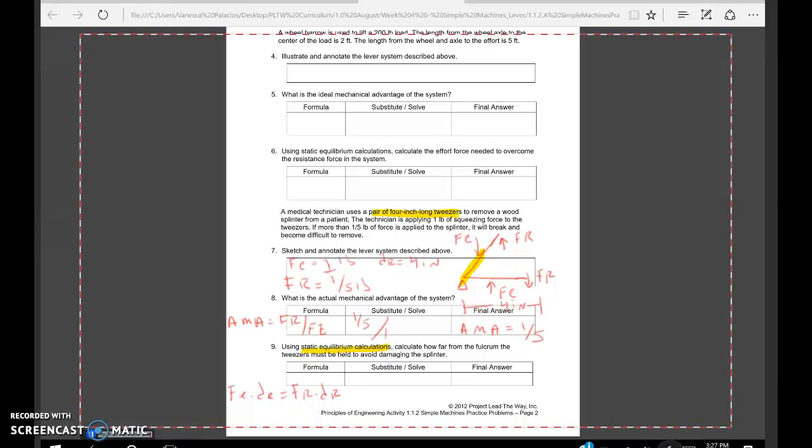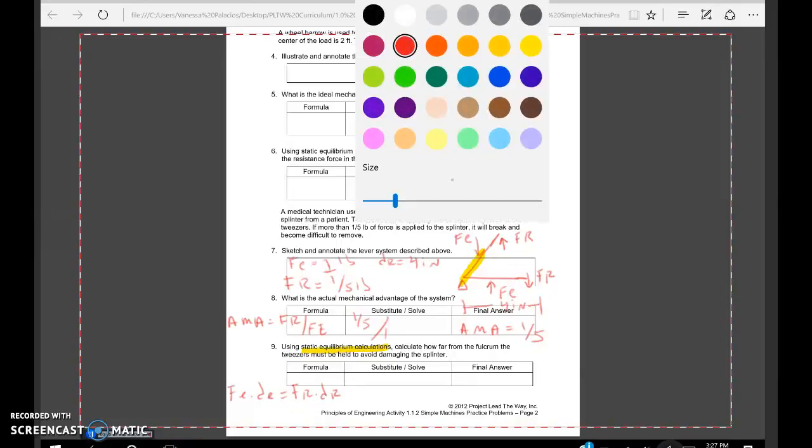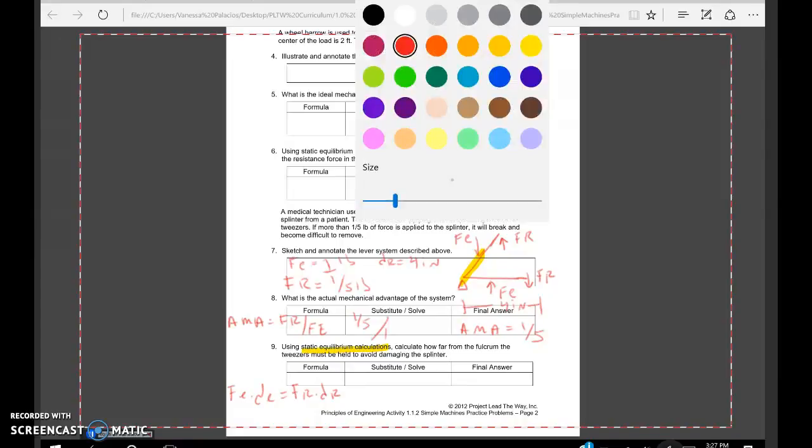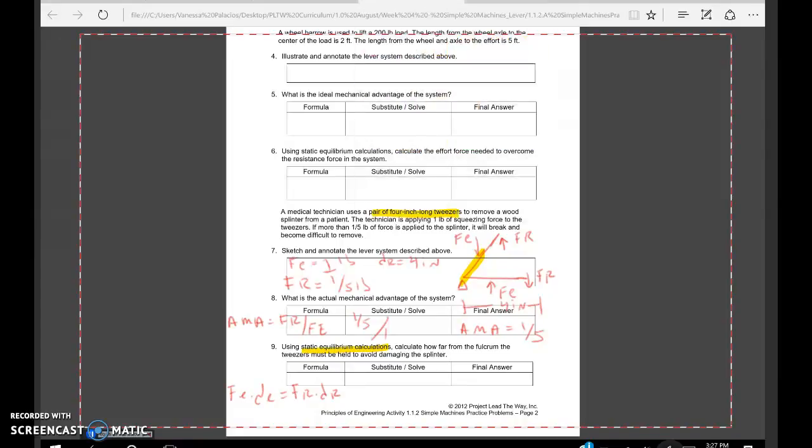And that distance is being measured from the fulcrum to the effort force, which would also be our DE. So we need to rearrange the equation to solve for DE. So DE equals FR times DR divided by FE.